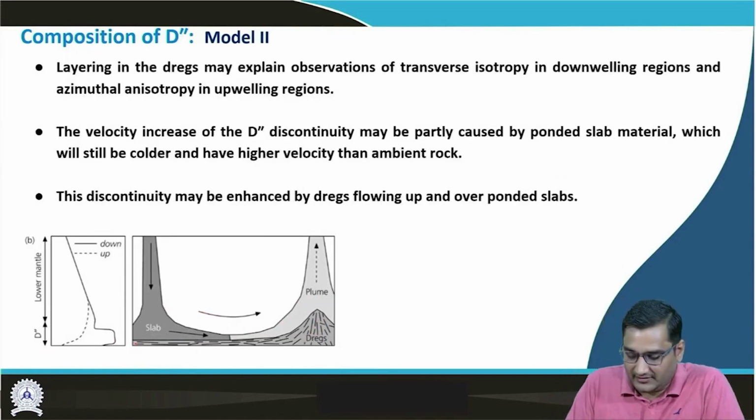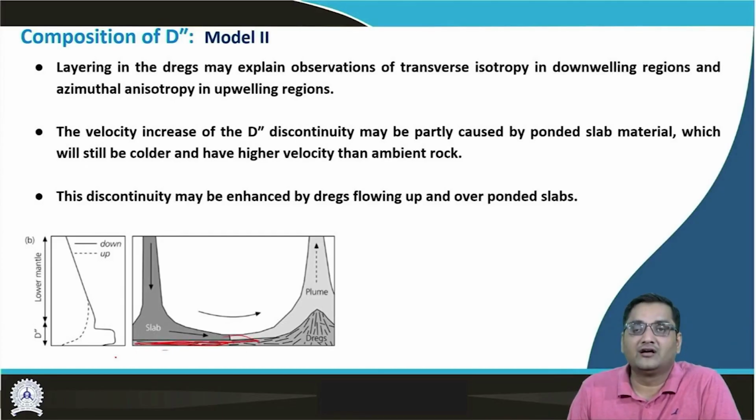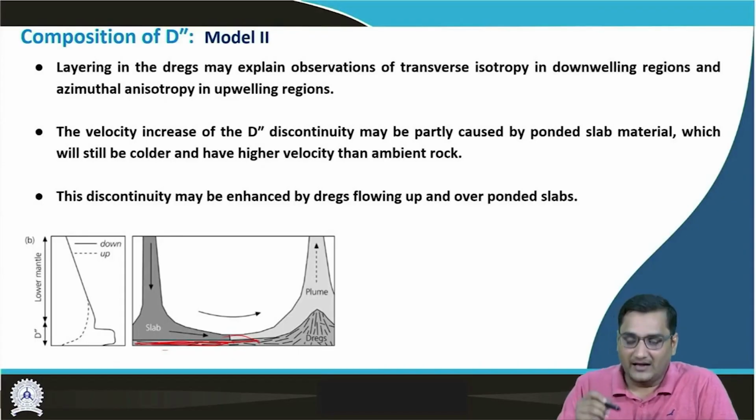And because this is accumulated over here in the form of layers, it is responsible for producing the transverse isotropy, and in the region here it is accumulated in the form of vertical sheets, so it will be a region of upwelling and hence the azimuthal anisotropy.